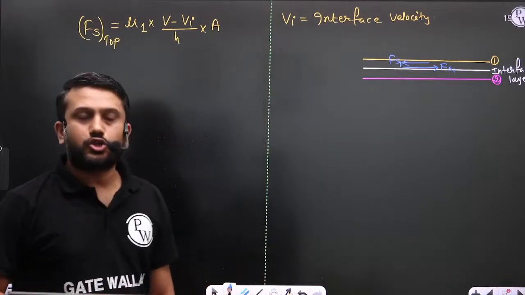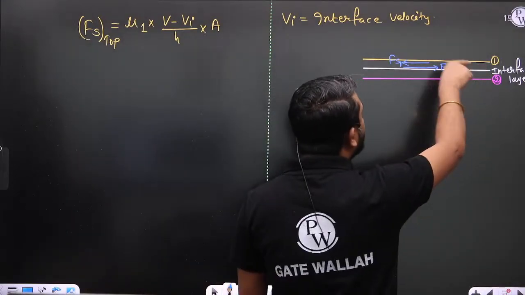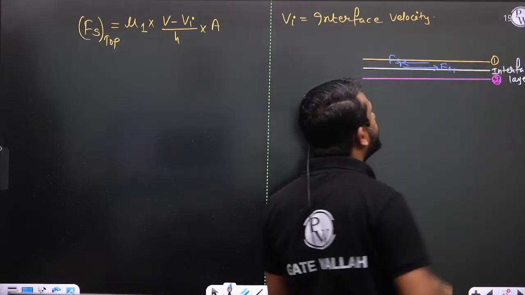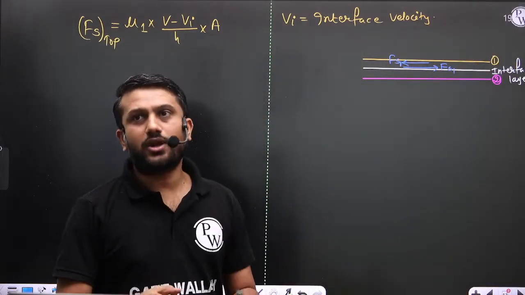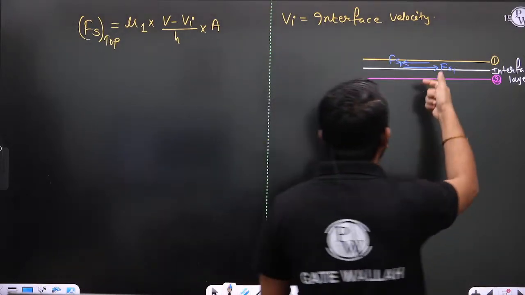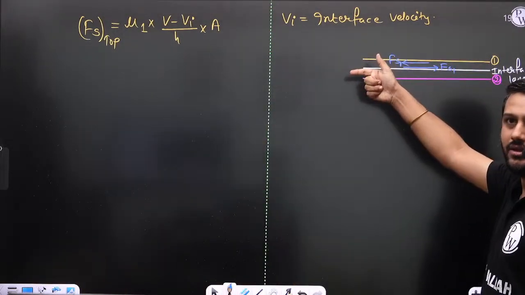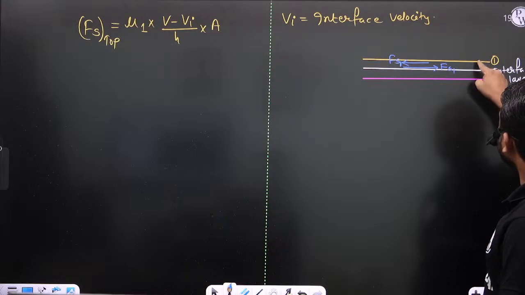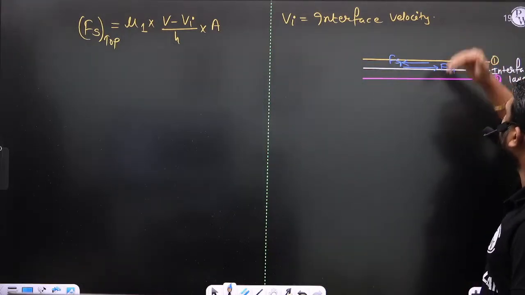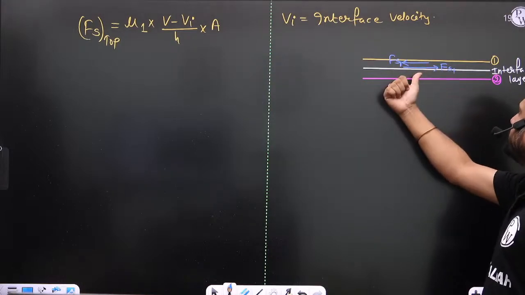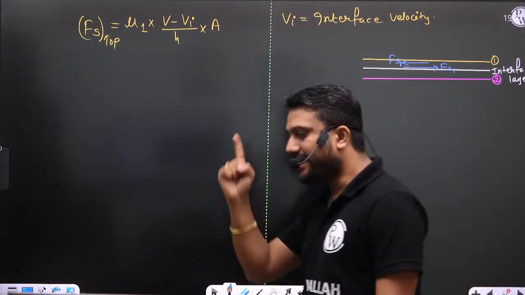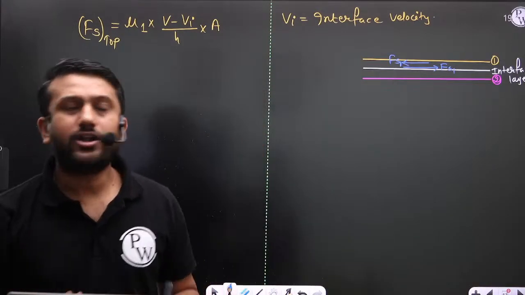Layer number 1 tries to move in the positive x direction, so what is the direction of the resistance force, the shear force? The direction of the shear force is the negative x direction. This layer number 1 is in contact with the interface layer, so in the interface layer, the resistance or friction force is in the positive x direction.